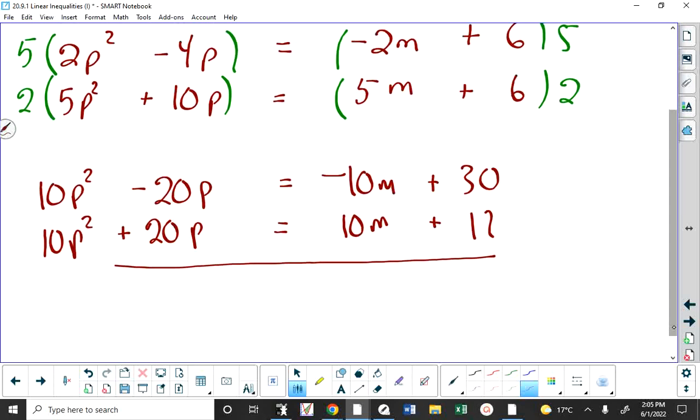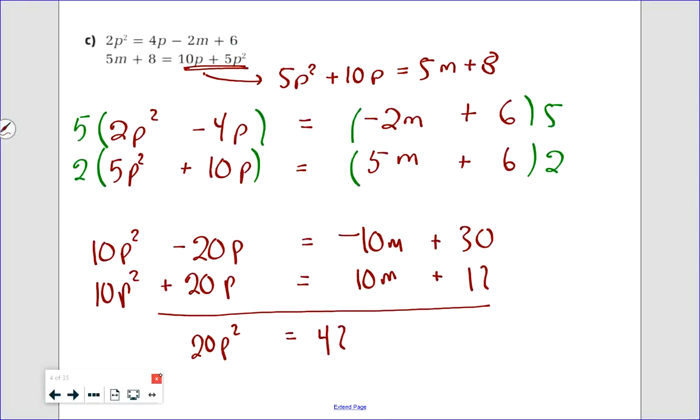So we end up with 20p squared equals 42. I want to double check everything here because this doesn't seem right to me. So I moved that p over, negative 2m plus 6 is fine. I read that backwards and that's okay. Oh, do you see my mistake?